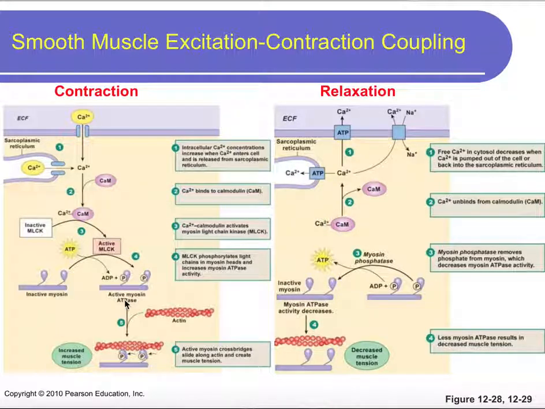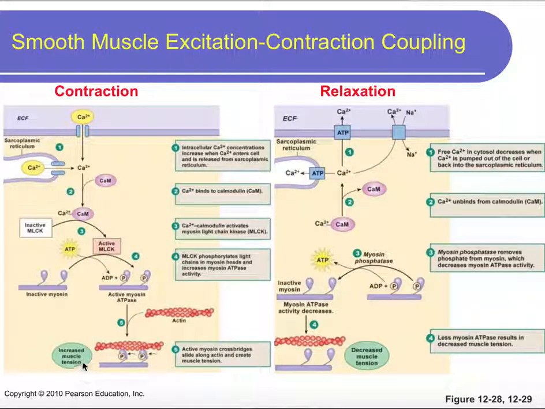And when the myosin light chain has a phosphate attached to it, then this myosin head can form a crossbridge with actin. So there's no tropomyosin and troponin and all of that. Instead, what regulates whether or not the myosin head binds to actin is whether or not the little myosin light chain has a phosphate. So that's why that light chain plays an important regulatory role.